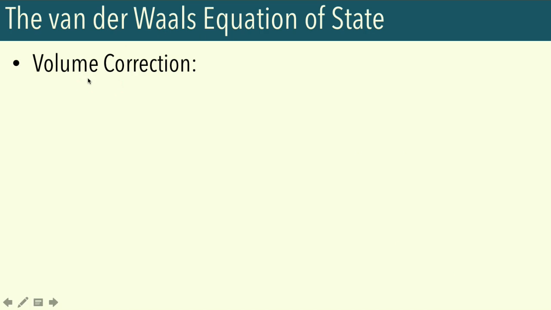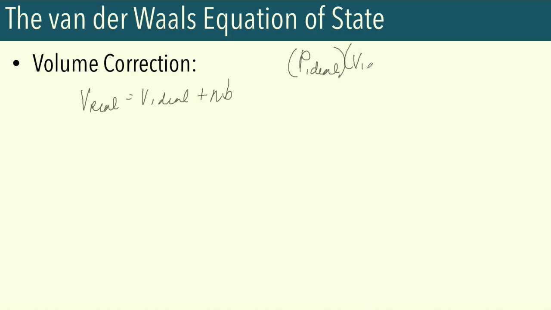Our expression again is V real is equal to V ideal plus the volume of our gas molecules. Recall again that our equation was P ideal times volume ideal is equal to nRT.